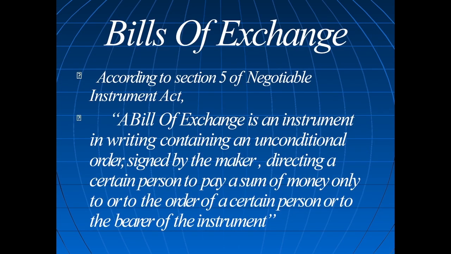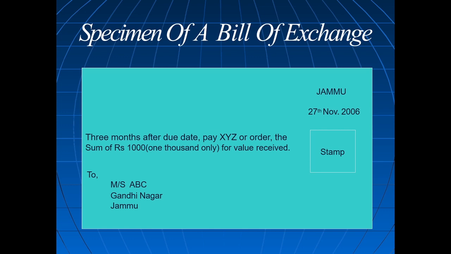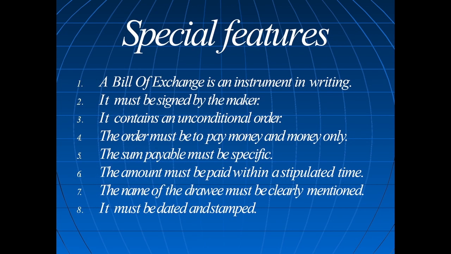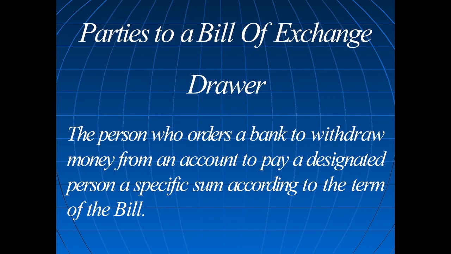This is the definition: it is an instrument in writing containing an unconditional order to pay the amount. This is a model bill. These are the parts or contents of the bill and features of the bill. The parts are very important to note. Drawer is who sold the goods, who draws the bill, who signs the bill and sends it to the drawee, the acceptor.